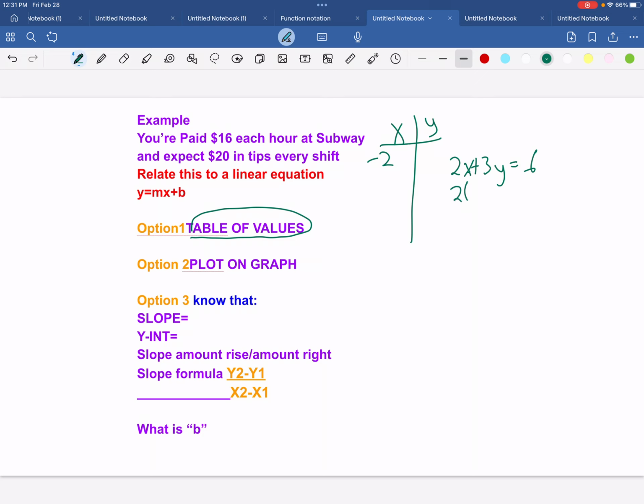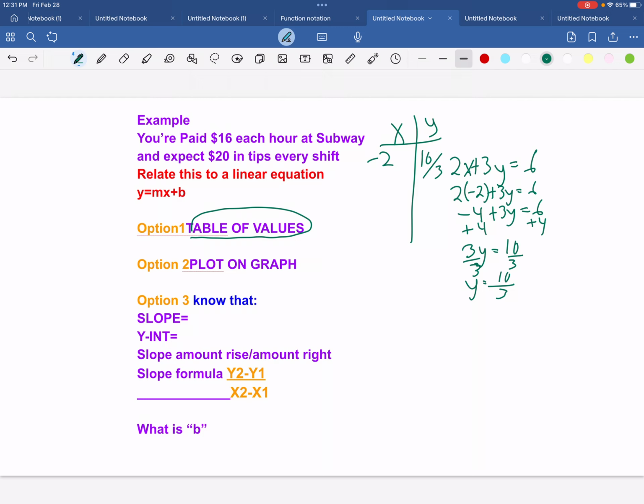Well, I'll put in a -2 for the x: 2 times -2 plus 3y equals 6. This is a -4 plus 3y. If I add 4 to both sides, I get 3y is equal to 10, so when you divide both sides, you get y equals 10/3.